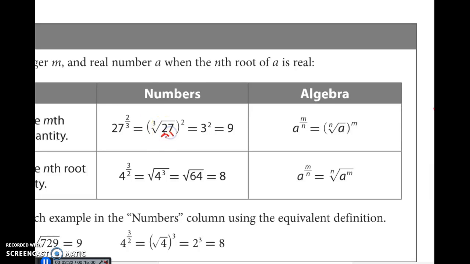It's 3 times 3 times 3, so the third root of 27 is 3. If we replace this value with a 3, we get 3 squared, and 3 squared is equal to 9. So the general way of thinking about this is that the denominator is your index, and the numerator is your exponent on the outside.